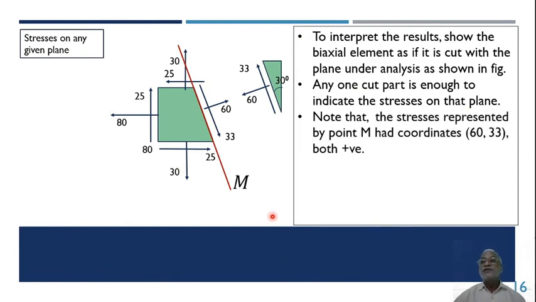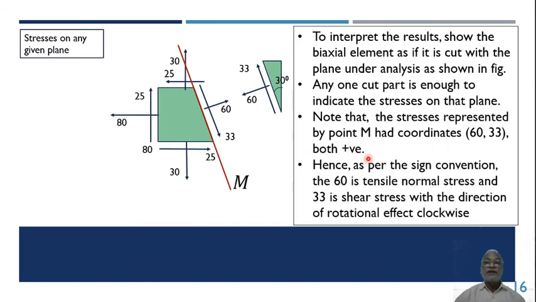Note that the stresses represented by the point M had coordinates 60, 33. Earlier I have said that it is 60, 33, both positive. Hence, as per the sign convention, the 60 will be a tensile stress. So I have to draw a line perpendicular to the face and then say that it is 60.